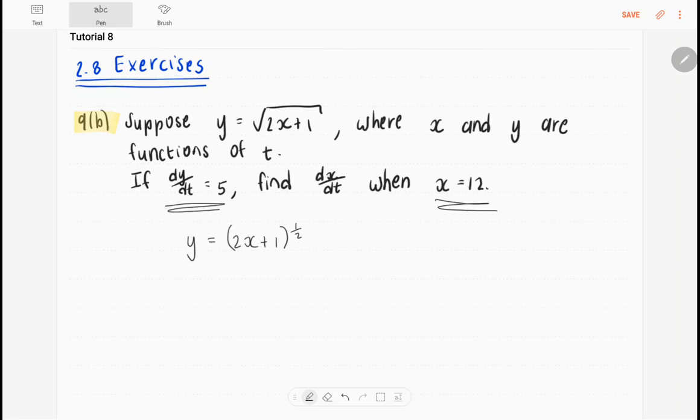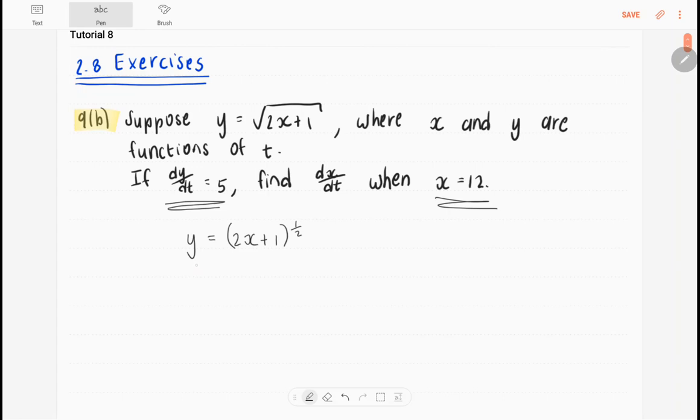So let's apply implicit differentiation. On the left hand side we get dy/dt. On the right hand side I get a half (2x plus 1) to the power minus a half, multiplied by the derivative of 2x, which is 2 dx/dt.